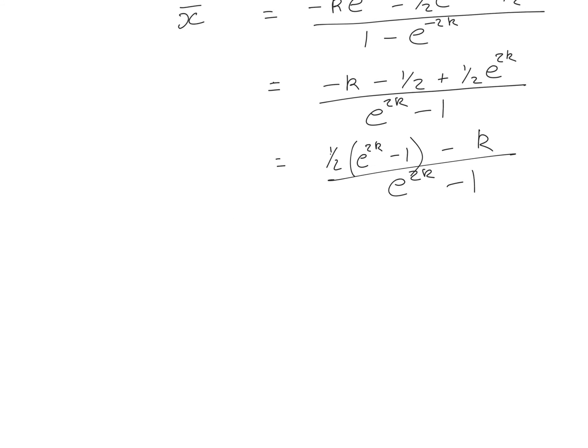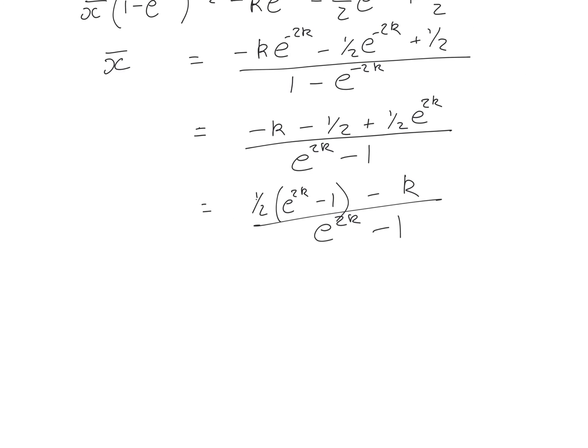And finally, x bar equals, well, we've now got a half minus k over e to the 2k minus 1. Okay, 7 marks, but made us work for it. Okay, part 2.